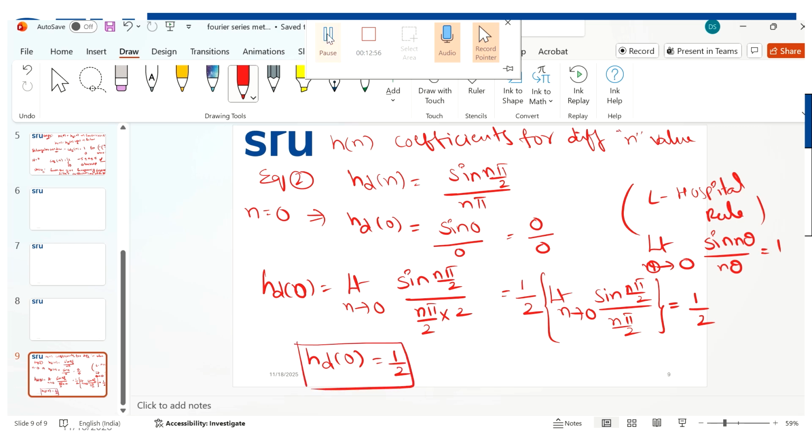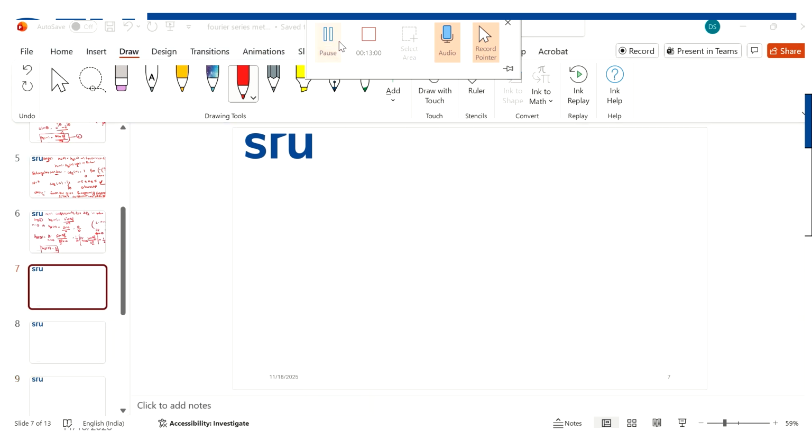So this is the first filter coefficient, for n equal to 0, hd of 0 is equal to 1 by 2. Now substitute n equal to 1.